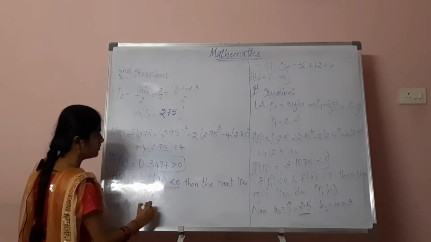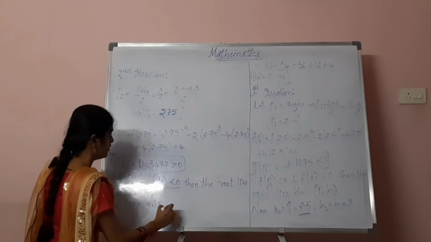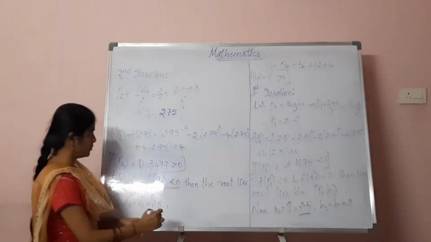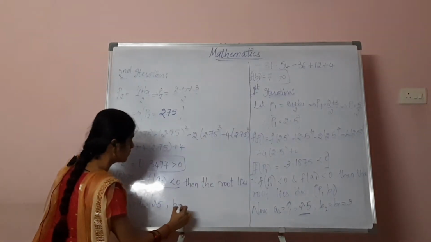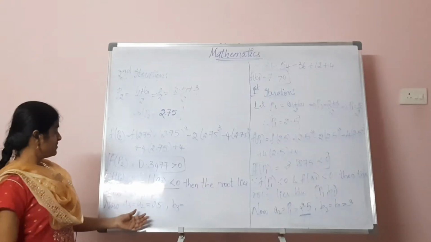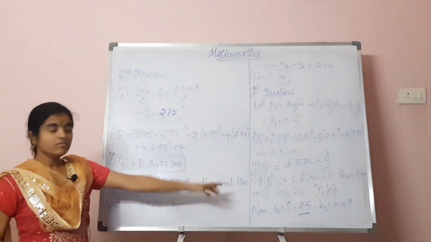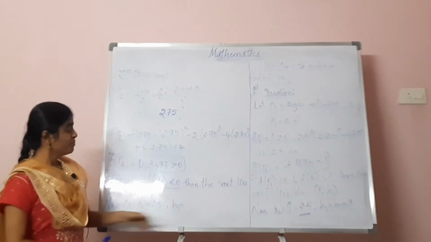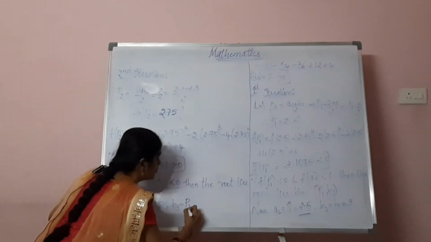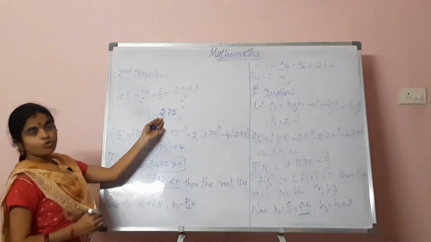What is A2 here? 2.5. And B3, what is B3 here? B3 equals to P2. So now A3 equals to A2, which is 2.5. Next B3 equals to P2. What we got for P2 there? See, 2.75.